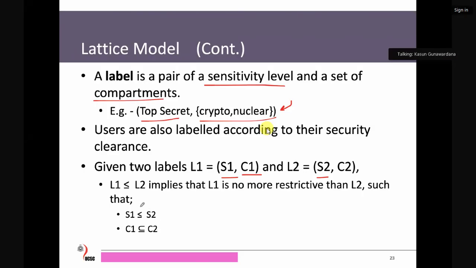If that happens, we say L1 is inferior to L2, or maybe L2 is superior to L1.